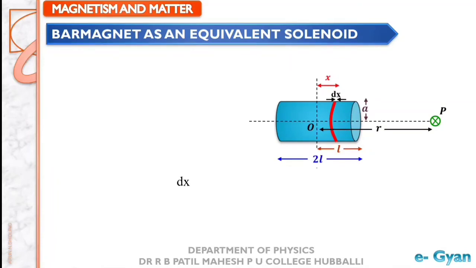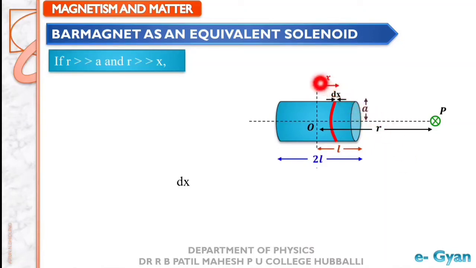Moving ahead, we shall take the assumption of r much greater than a and also r much greater than x. This assumption makes x very small, assuming that r is much greater compared to x, and also a is very small compared to r, that is, the distance of the point P is too large compared to a and x.